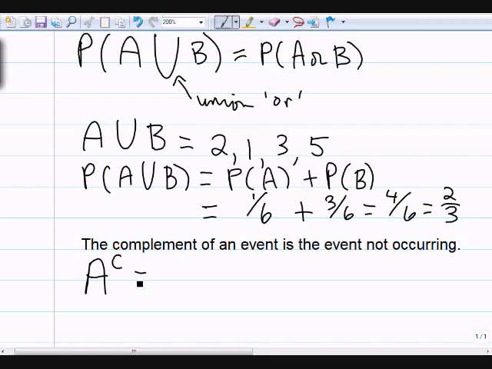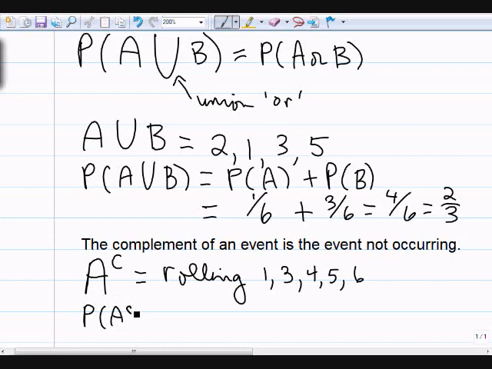So the complement of event A would be rolling a 1, a 3, a 4, a 5, or a 6. So the probability of the complement of A is defined as 1 minus the probability that the event occurs.